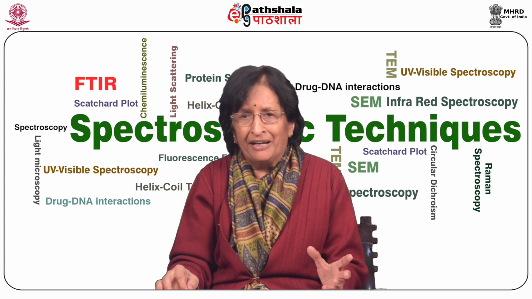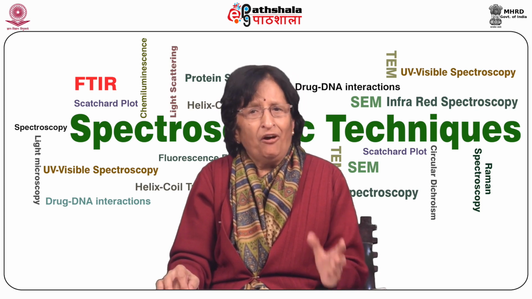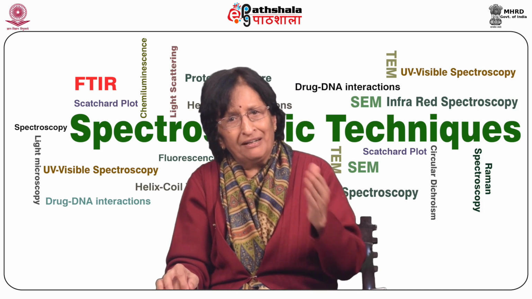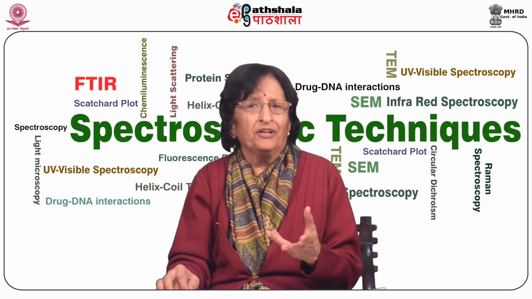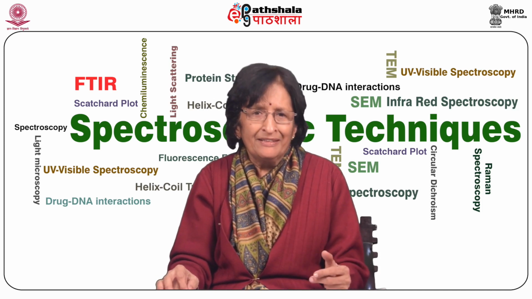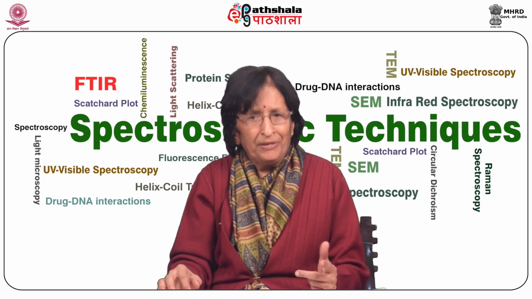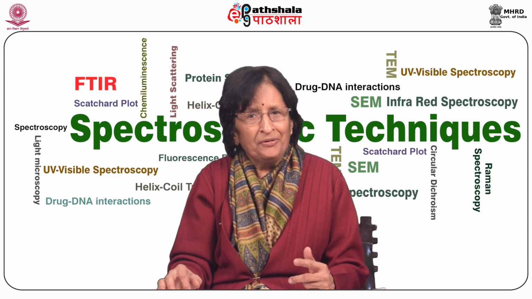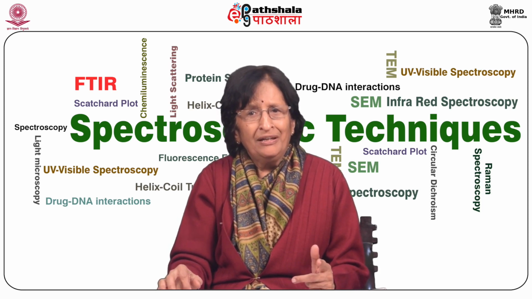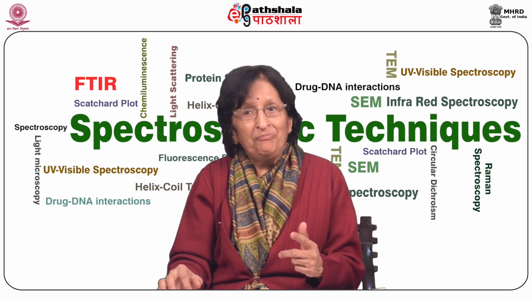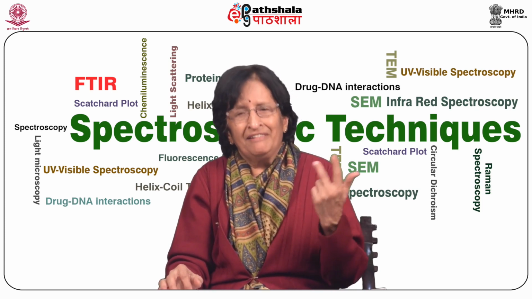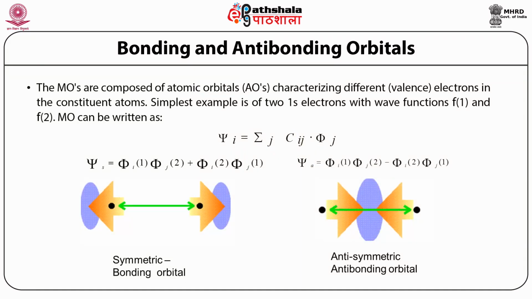One can use a quantum mechanical approach for obtaining electronic molecular energy levels using molecular orbital or MO methods such as ab initio, CNDO (complete neglect of differential overlap), INDO (intermediate neglect of differential overlap), MINDO, AM1, PM3, and SAM1, etc. I would like to give you a simple example of a molecular orbital composed of atomic orbitals characterizing valence electrons in the constituent atoms.